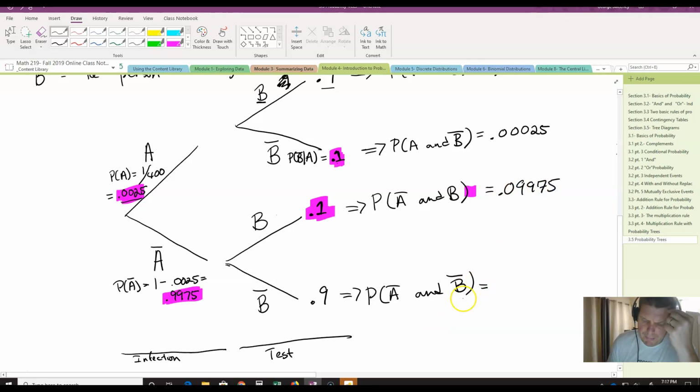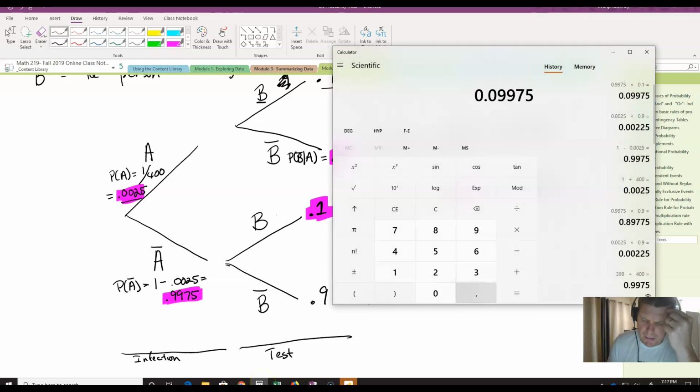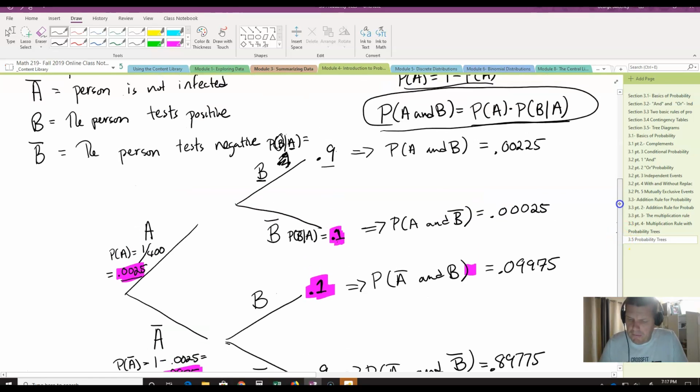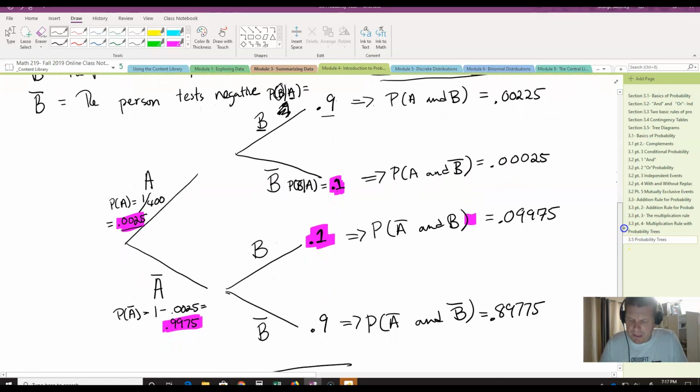And then finally, I'm going to take 0.9 and multiply it by 0.9975, which is 0.89775. And there we go. So that gives me all of my probabilities in terms of all my AND probabilities.